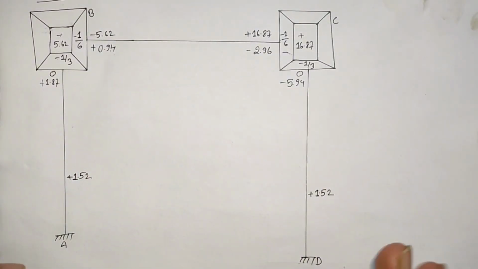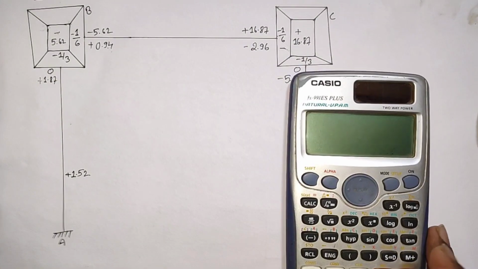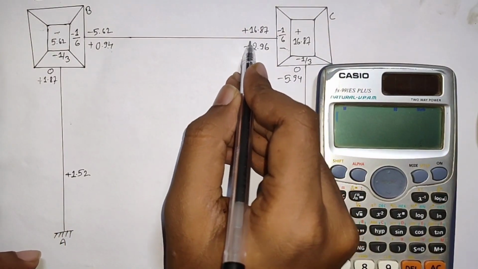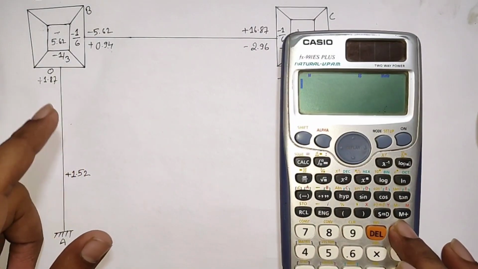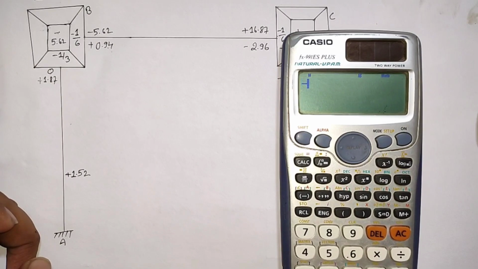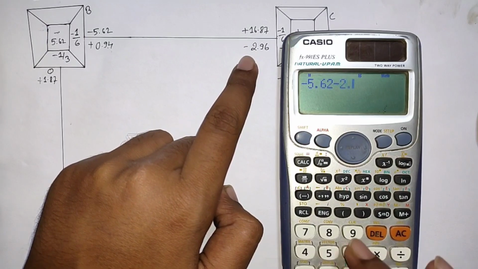Now let's get ready for the second cycle. This was our first cycle. Now in the second cycle, we need to add this value to this value. So first let's add this, because both are negative, so it is simply added. 5.62, and this is also negative, so the same sign is added, 2.96.